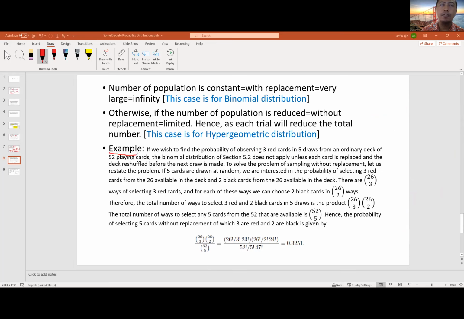That's why you can see the example here. This is an example of the hypergeometric distribution.